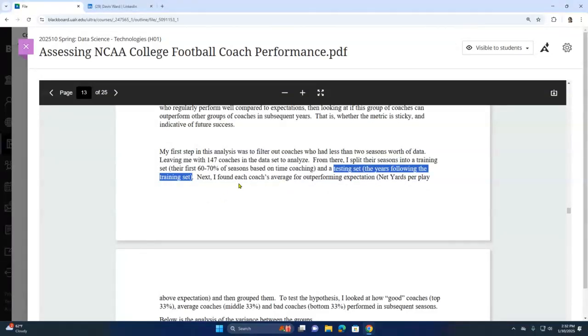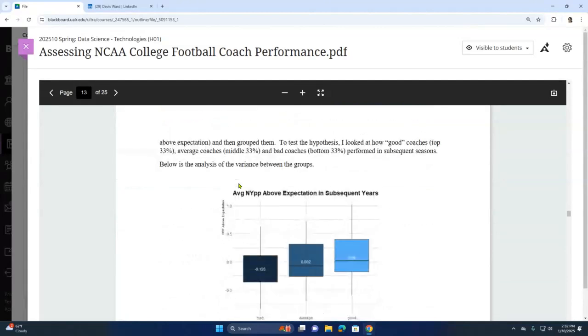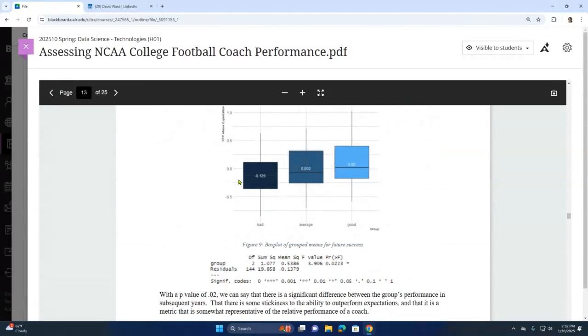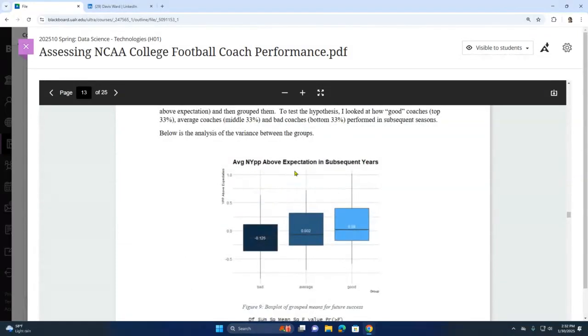What he essentially did is take those coaches that historically were very good, and look at their most recent performance: what are their statistics when it comes to yards per play? And he did that for the average coaches and the coaches in the lowest third.